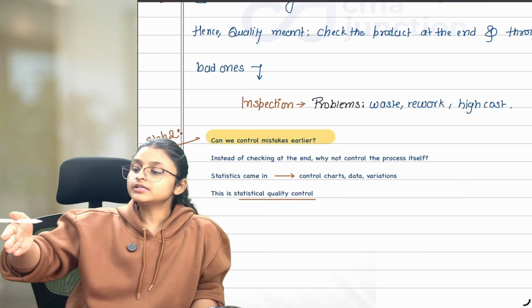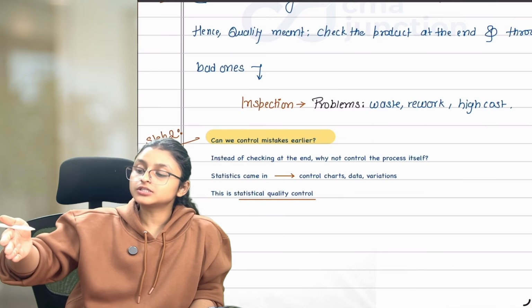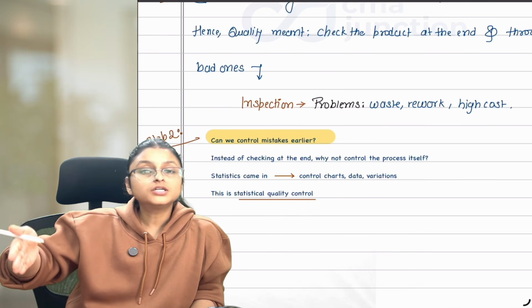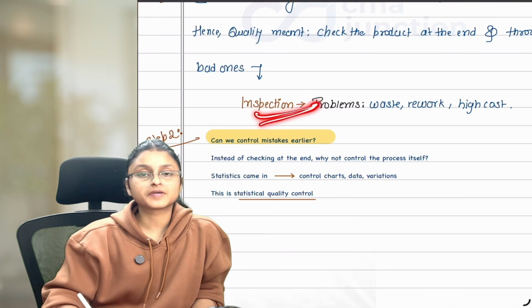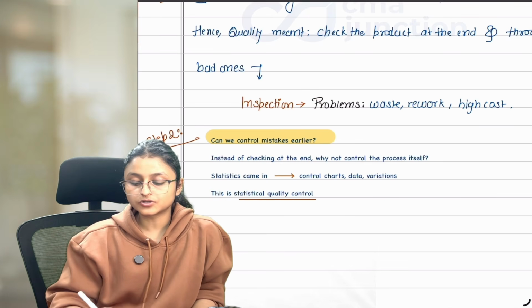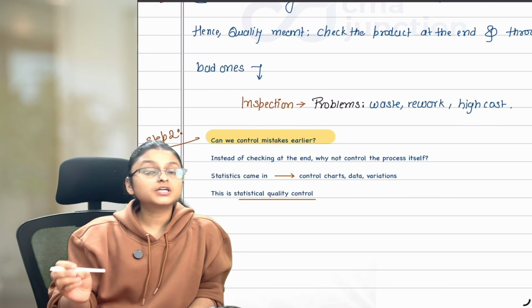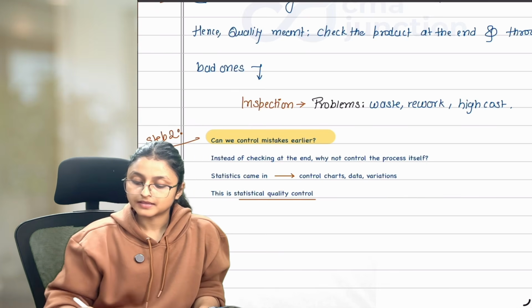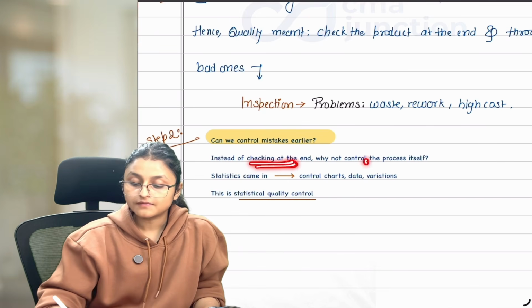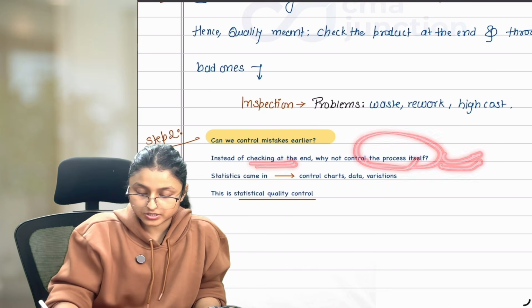We are focusing on quality only at the end when we got the final product in case of inspection, right? Here we are focusing on that, can we control the mistakes earlier in between the processes? Instead of checking at the end, why not control the process itself?